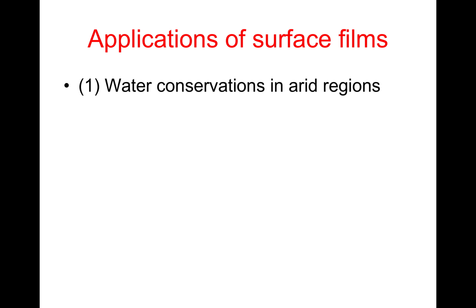What are the applications of these surface films? We live in a desert in this country, Botswana. Consequently, surface films are very useful to us because we can use them to conserve water.